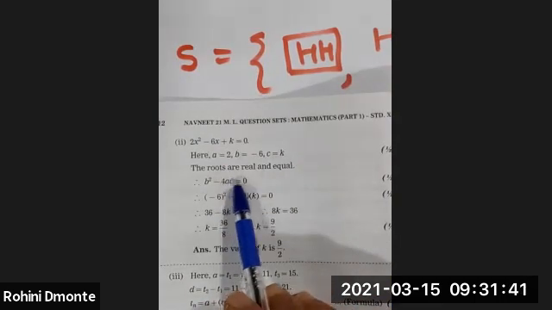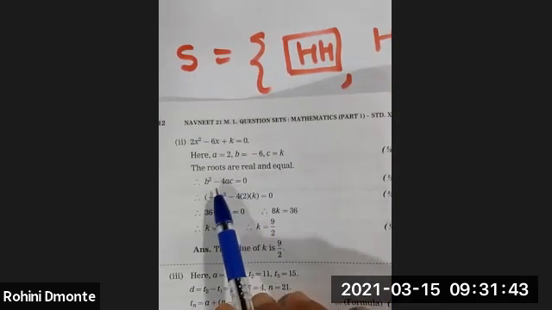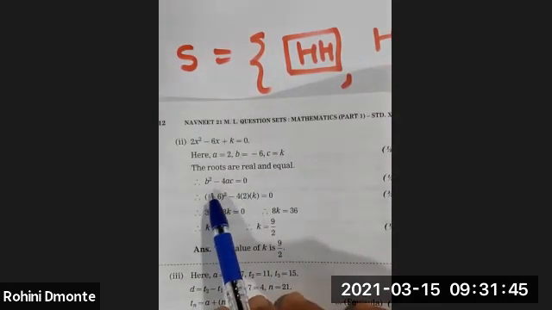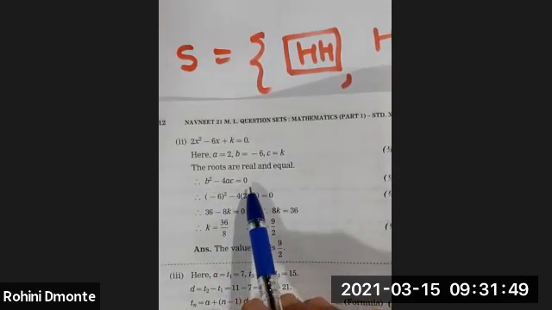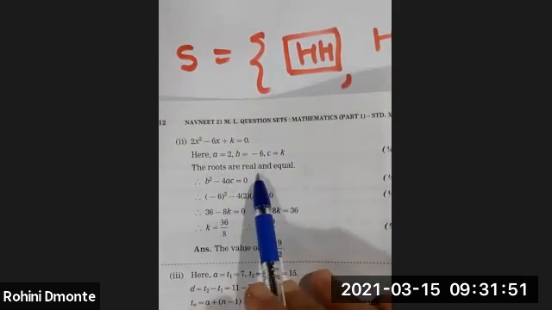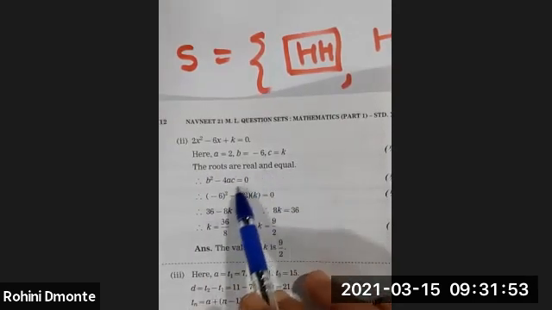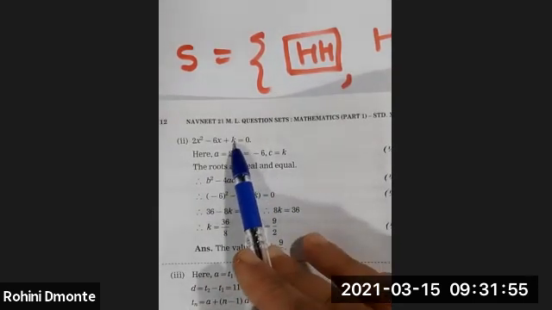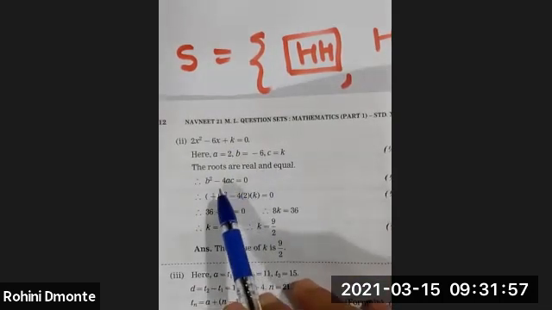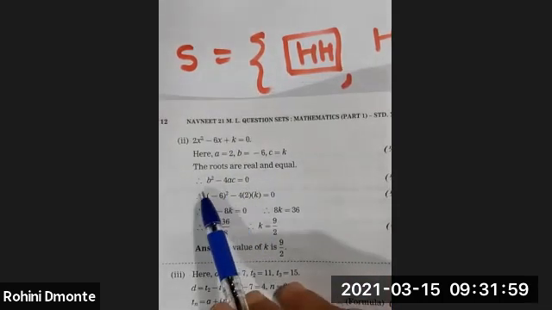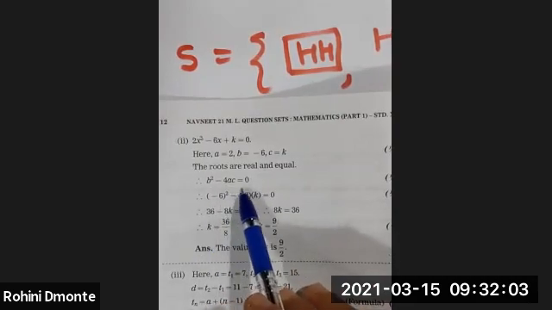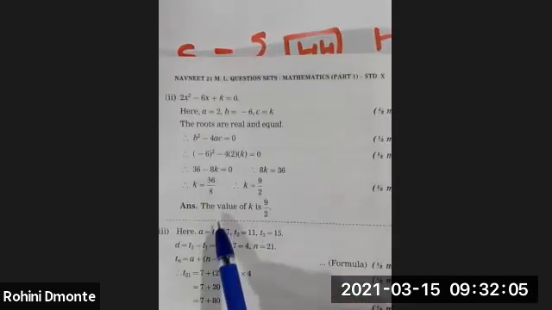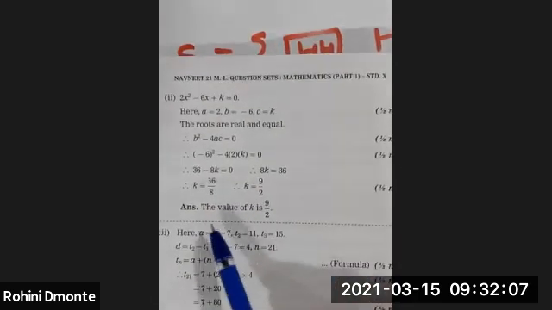When roots are real and equal, what you have to write? Discriminant b square minus 4ac is equal to 0 when roots are real and equal. This condition you have to use to find out the value of k. When you substitute the values of a, b, c in this condition, b square minus 4ac is equal to 0, you will get the value of k.